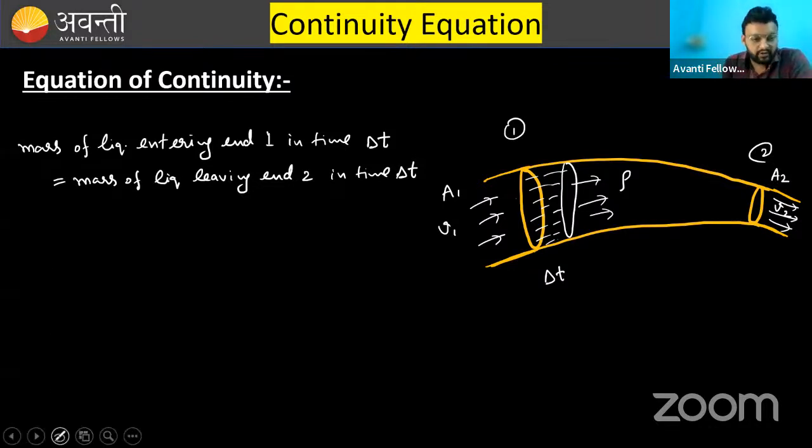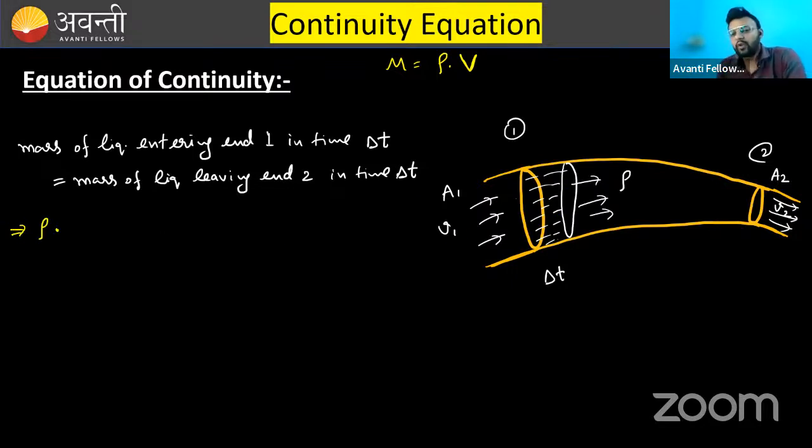You know the formula: mass is equal to density into volume. Let's suppose density is rho, into volume.